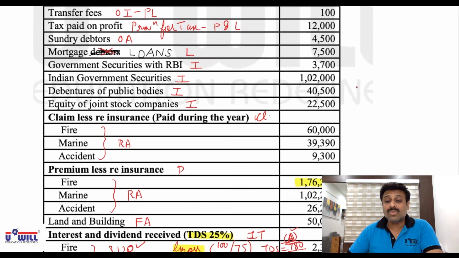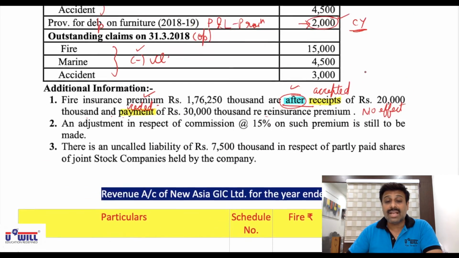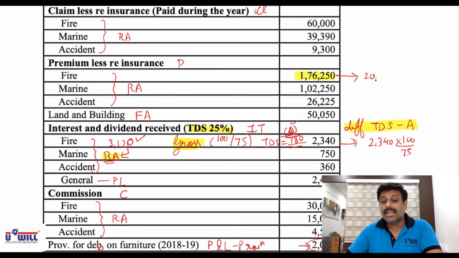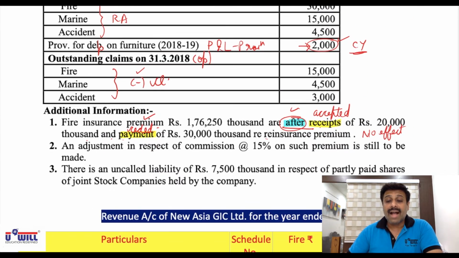In this 176250, as I discussed in the last lecture, the 20,000 of reinsurance accepted and 30,000 of reinsurance ceded are already included. When they say the word after, it means it is already included. So no effect is to be given.